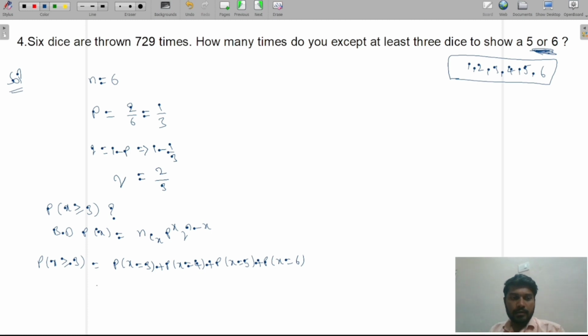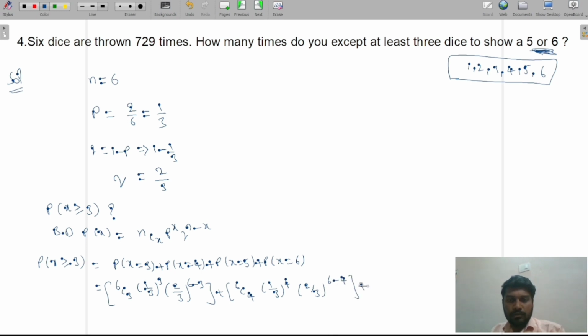Okay, right. So at x equal to 3, what is the binomial distribution and how can I write? 6c3 (1/3)^3 (2/3)^(6-3), plus at x equal to 4, 6c4 (1/3)^4 (2/3)^(6-4).